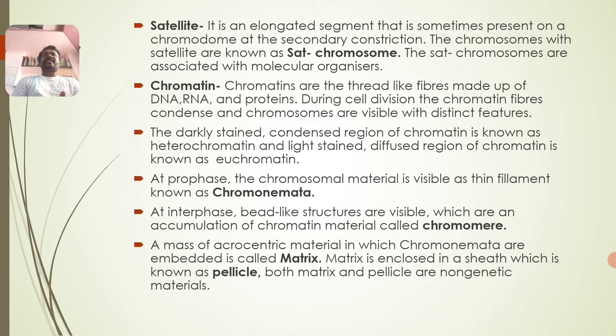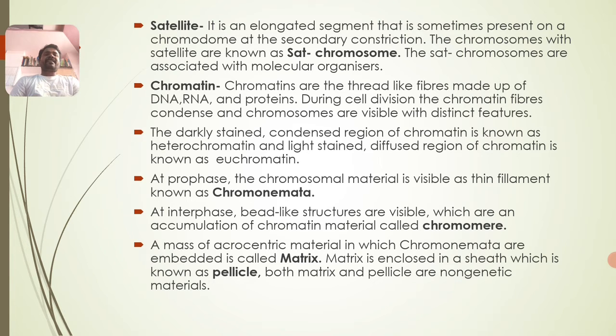The darkly stained condensed region of chromatin is known as heterochromatin, and the lightly stained diffused region of chromatin is known as euchromatin.